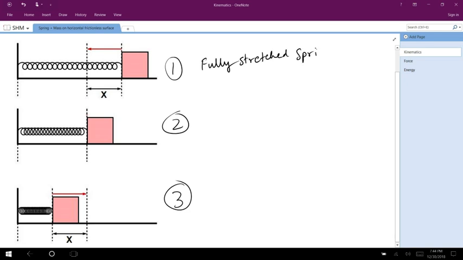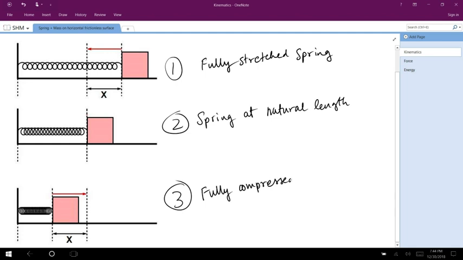So this is the fully stretched spring. Position number 2 is the spring at its natural length. And finally, position 3 is the fully compressed spring.